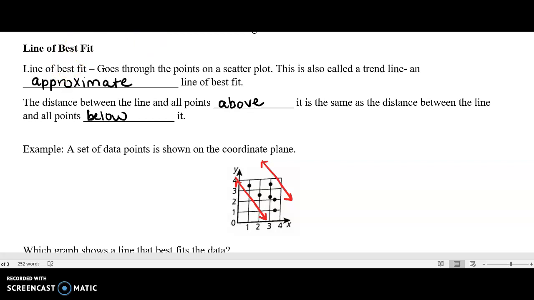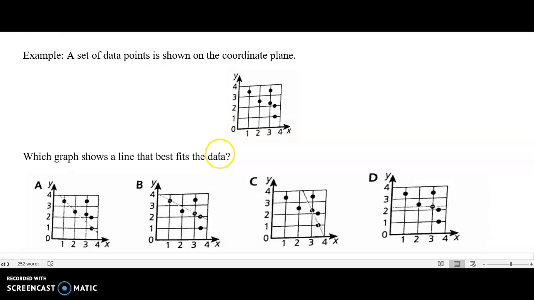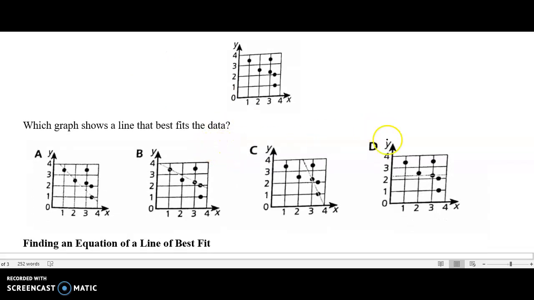So what would be a good line that we could draw that would follow the trend of where these dots are going, where we have pretty much the same amount on top as we do below? So between A, B, C, and D, what do you think models the data best?